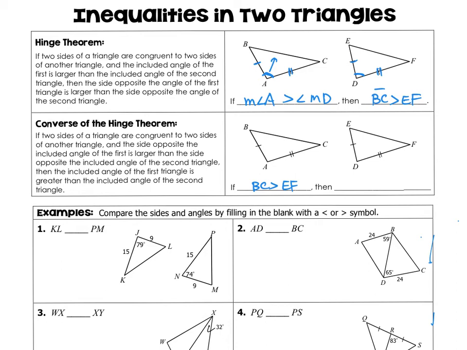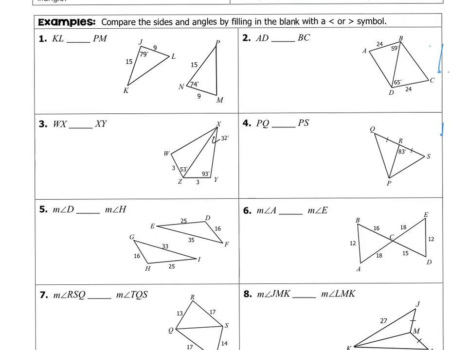So BC is greater than EF, then I can draw the conclusion that the included angle of the two congruent sides, angle A, is greater than the measure of angle D. Okay, so again, it's much easier thinking about the twin scenario than reading these words. The bottom line is that I have to have two sides being congruent, and then the measure of the included angle determines the opposite sides of the two triangles.